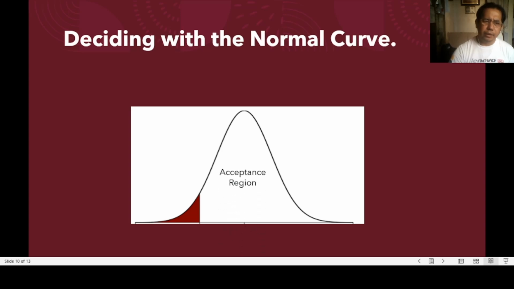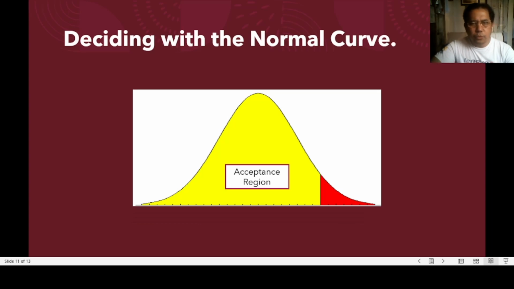The unshaded part is the area or the probability of the acceptance region, meaning acceptance of the null hypothesis. The shaded part is the rejection region. So this is a one-tailed test, to the left side.